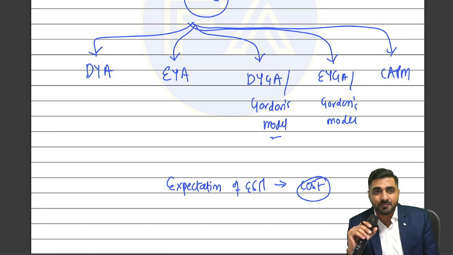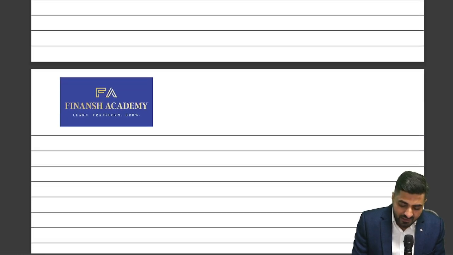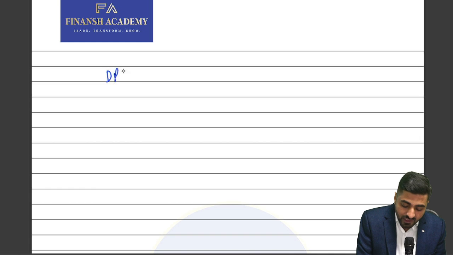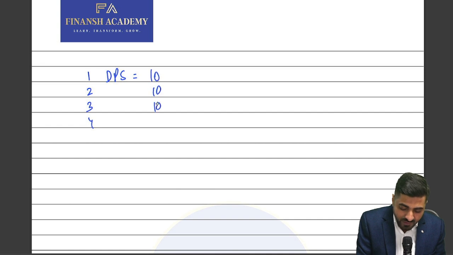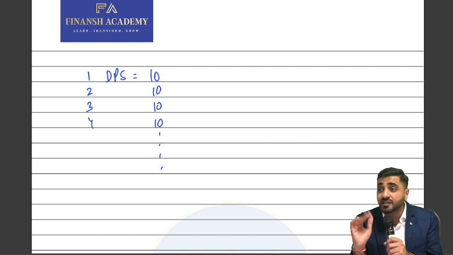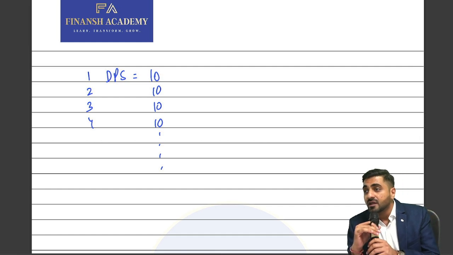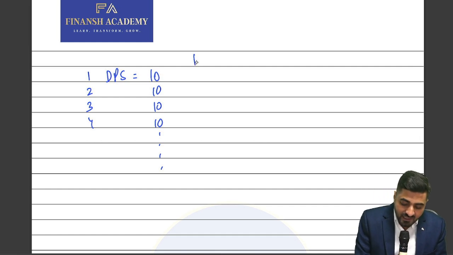Now let's say, for any particular company, the dividends are the same every year, year 1, year 2, year 4, constant. Suppose the share price is 100 rupees.